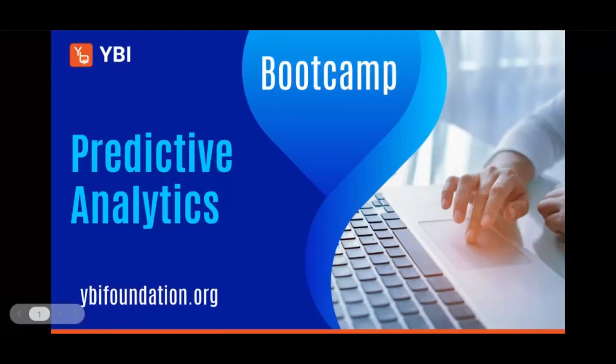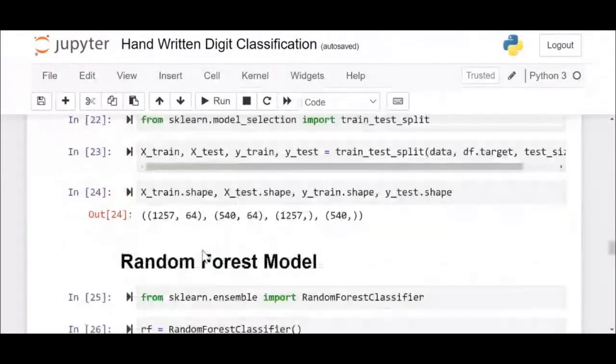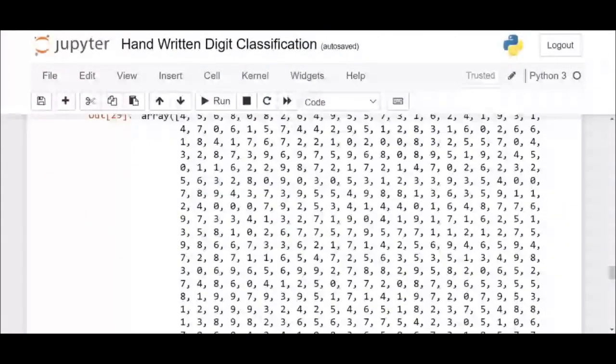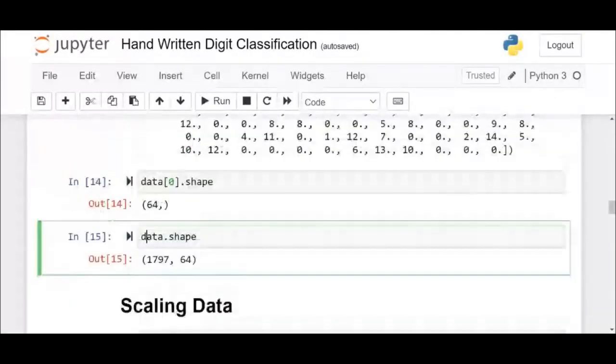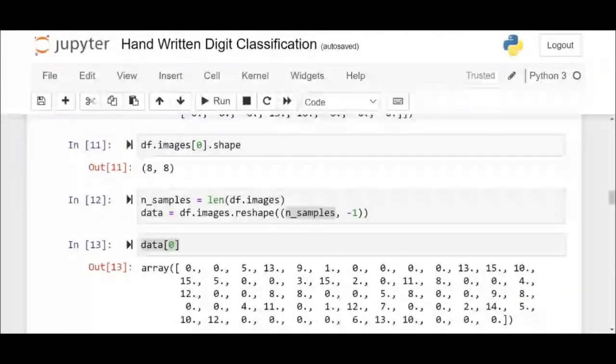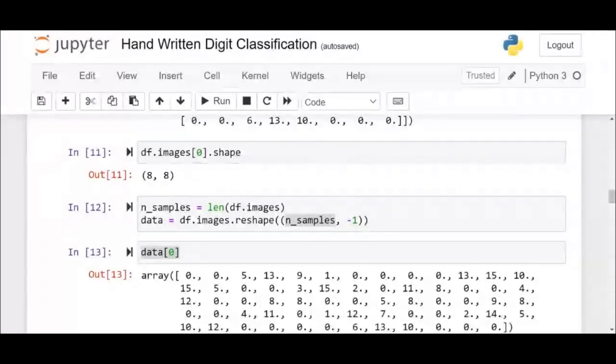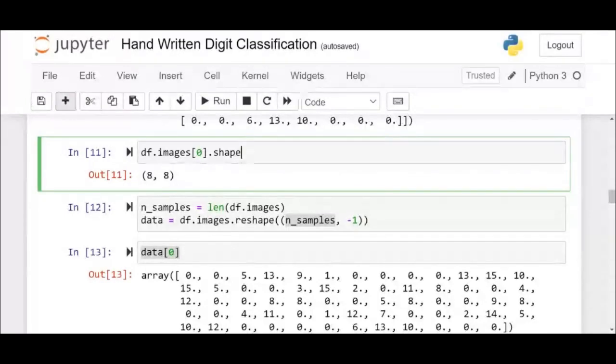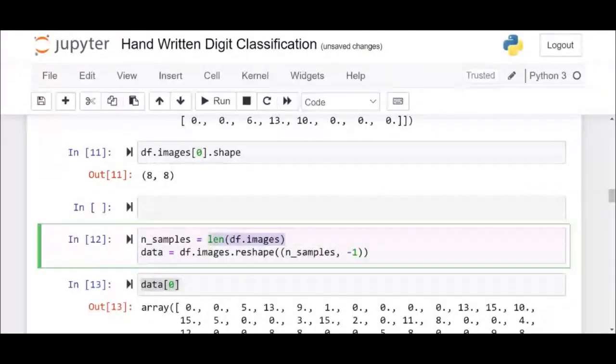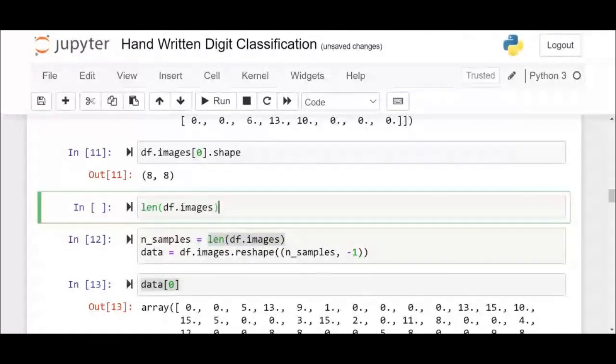Kriti, you are asking about the number of samples and flattening. Let me explain. What is the length of my data frame?